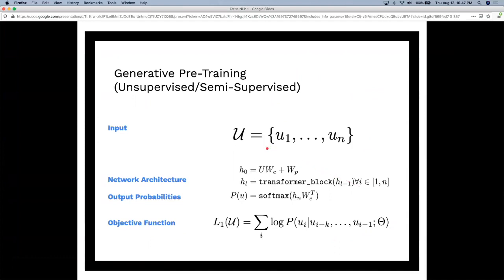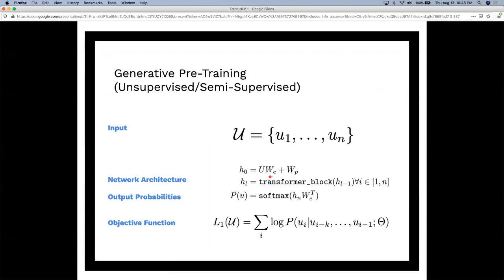Now, the special thing about GPT is that we are doing this unsupervised pre-training. Similar to what we saw in the previous talk, where we were training an LSTM or a fully connected layer on just predicting the next word that is going to come in the sequence, here the input is a sequence. That's it. This is the basic barebone language model where you get a sequence and you want to predict the next token.